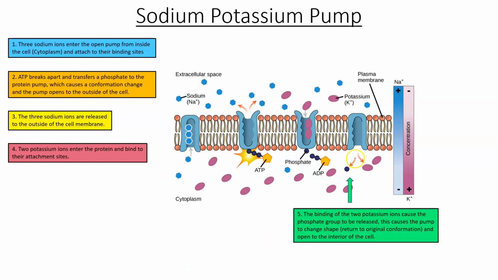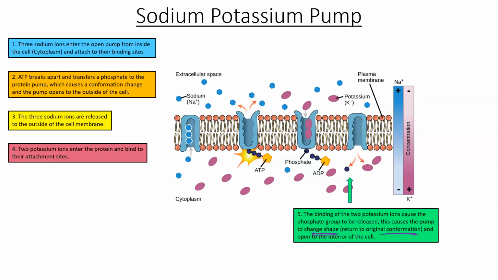At that point, when the phosphate removes itself, the 2 potassium ions are going to leave because this protein changes shape. They're going to be released to the inside of the cell, causing the pump to return to the original conformation, open to the inside, causing sodium ions to then enter the pump protein, and therefore starting this whole process over.